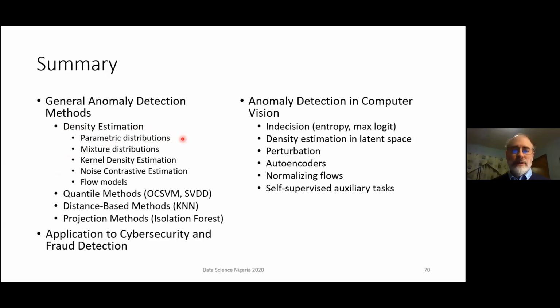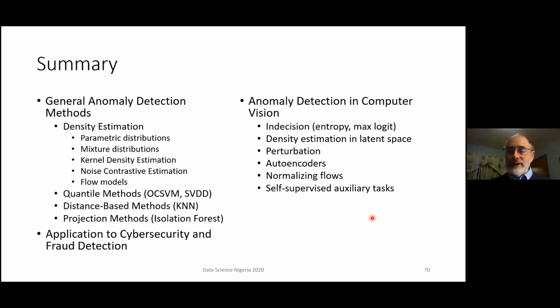We talked about parametric distributions like fitting a single Gaussian, fitting a mixture of Gaussians, kernel density estimation where we put a tiny Gaussian on every data point, noise-contrastive estimation where we convert the problem into a supervised learning problem by generating simulated anomalies, uniformly randomly sampling in the space, and then flow models, which use deep neural networks. Then I briefly described the quantile methods, distance-based methods, and the projection methods, and described this application to cybersecurity and fraud detection.